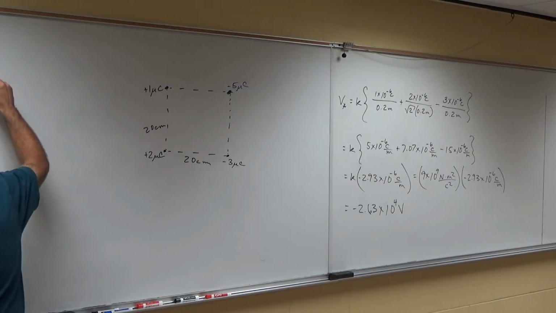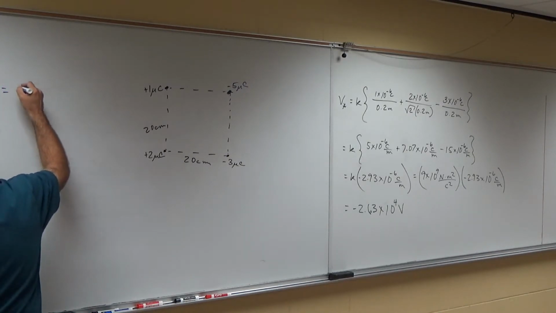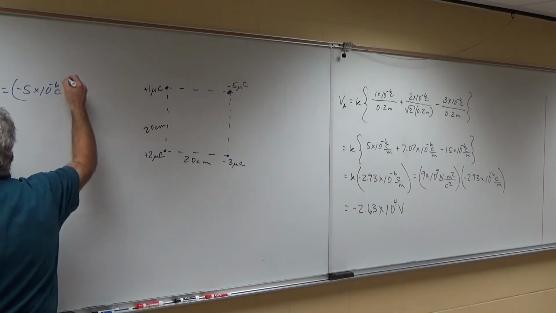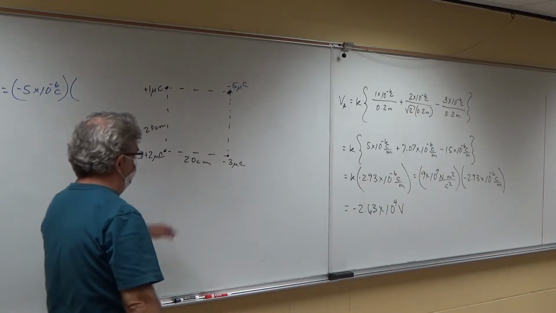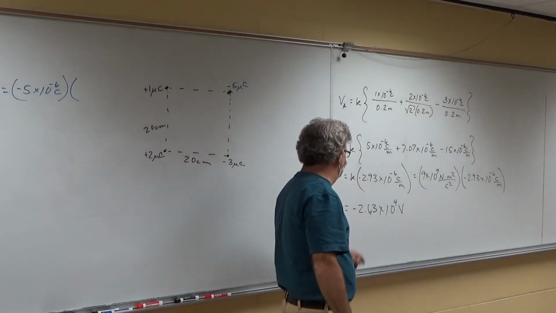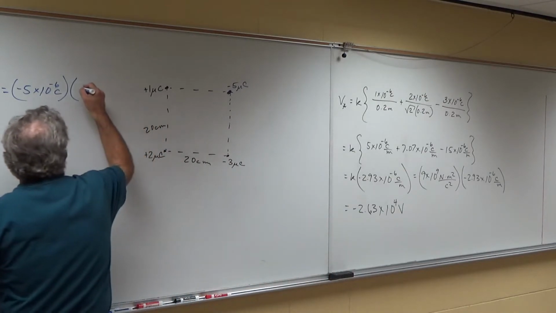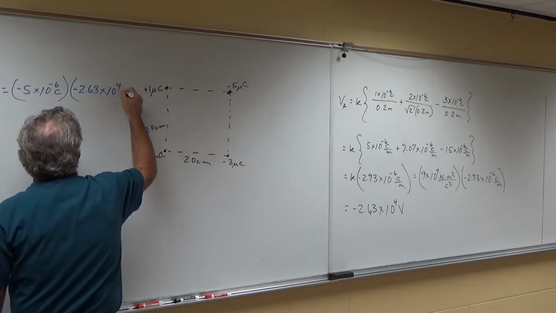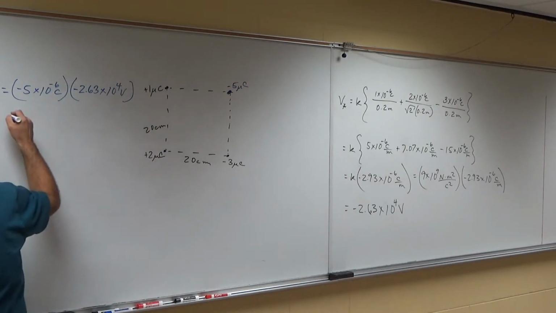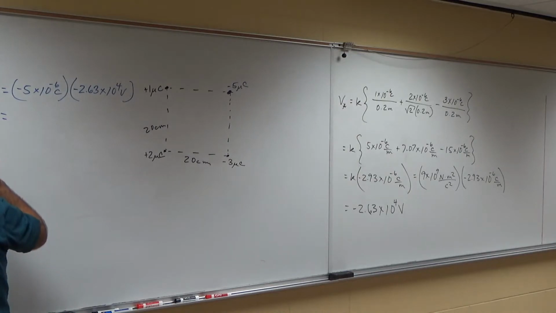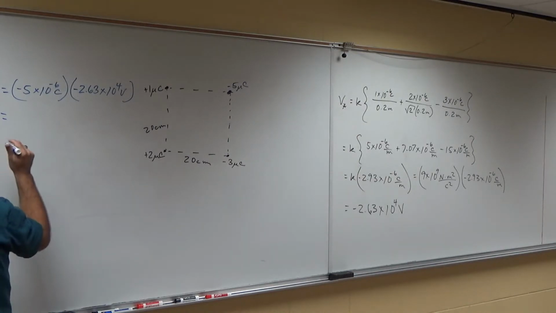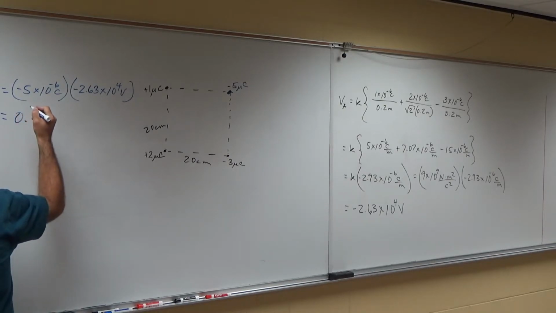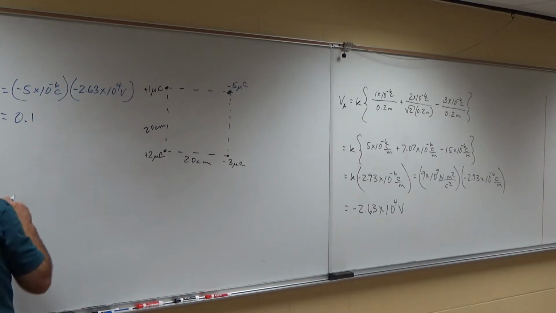So U is equal to negative 5 times 10 to the negative 6 coulombs multiplied by V star, which we calculated here, negative 2.63 times 10 to the 4 volts. And that is equal to, what does that work out to be? Something positive times 10 to the negative 1, 0.1 something.